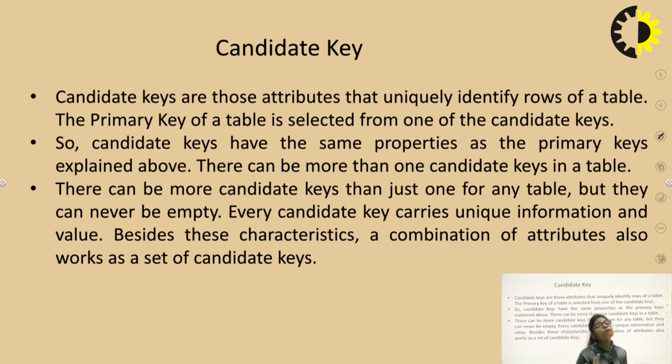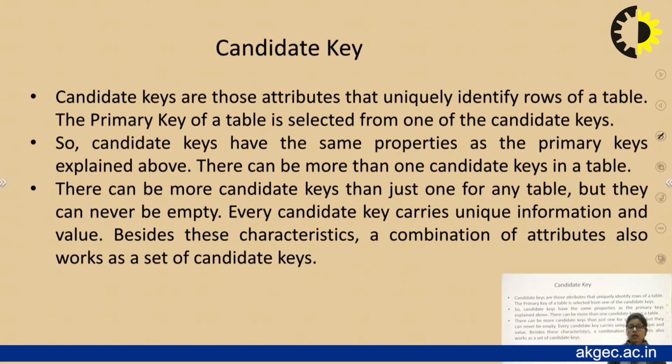There can be more than one candidate key in a table. There can be more than one candidate key, but the primary key is not more than one; the primary key is always only one key. There can be more candidate keys than just one for any table, but they can never be empty. Candidate keys and the primary key can never be empty.